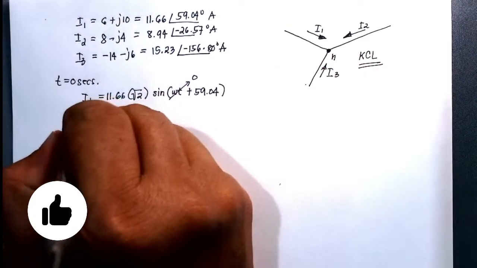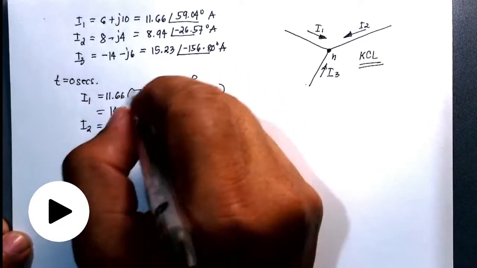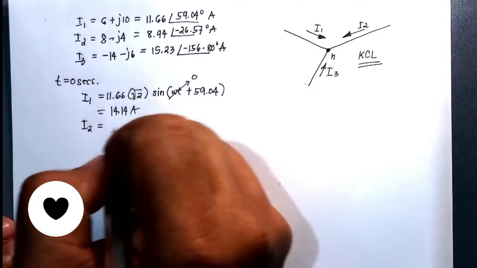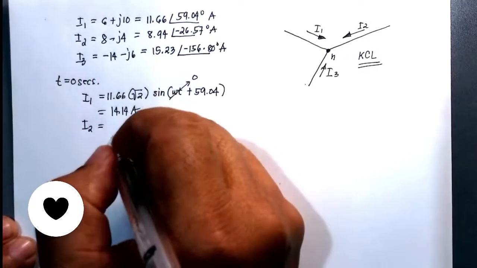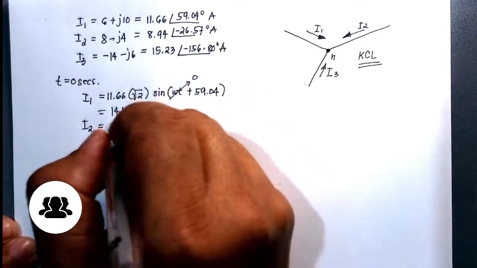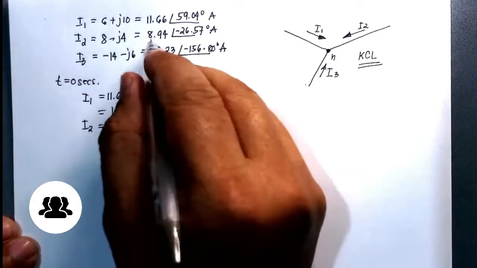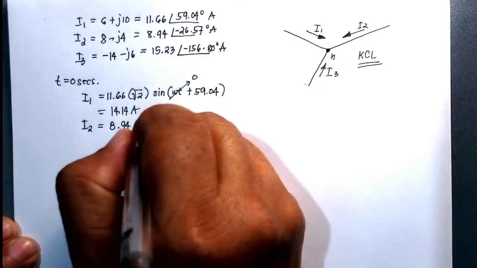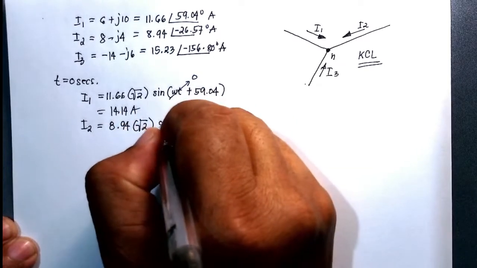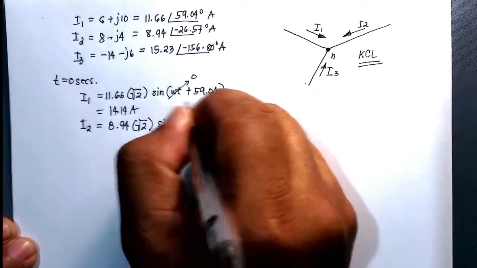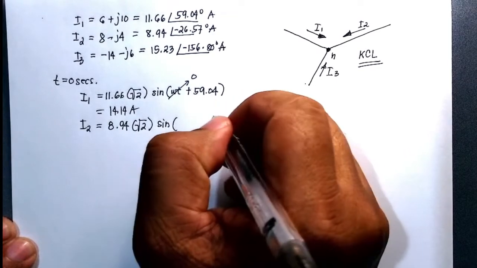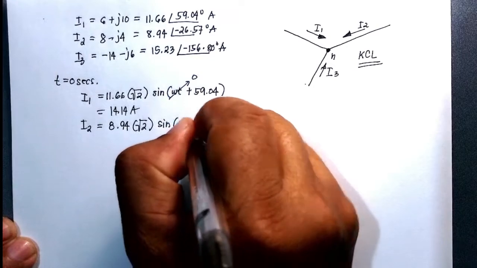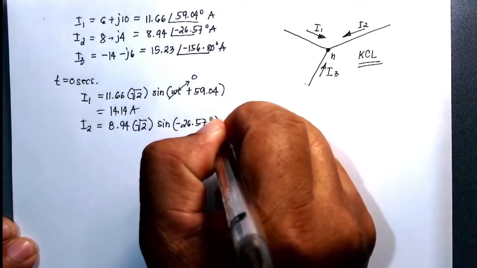Now for I sub 2, same thing. What we have done in I sub 1, we do also to our current I sub 2. You have here 8.94, and you convert this to maximum value, so multiply it by square root of 2. Again, sine omega t is already 0, so we just take the angle, which is negative 26.57 degree.